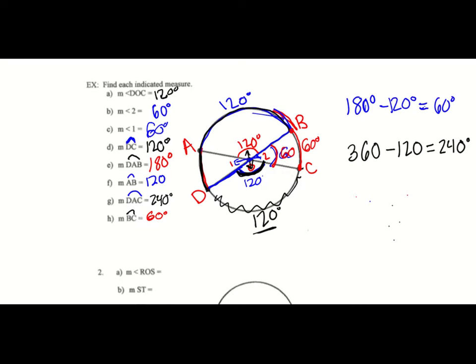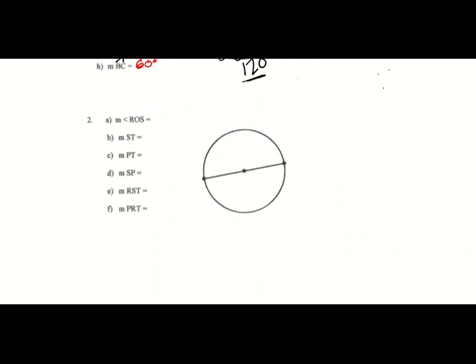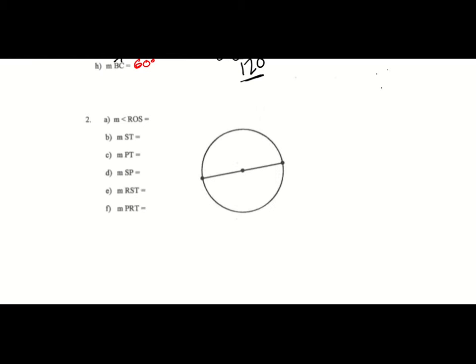Okay, let's do one more quick one. If this is our given information on our circle, if we look at the measure of angle ROS right here, if our arc is 50 degrees, we know that the inside is going to be the same, 50 degrees.